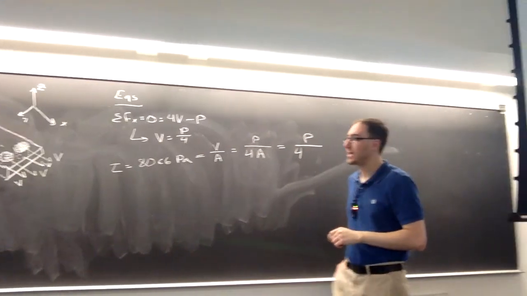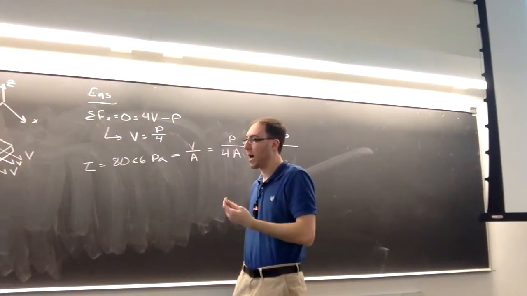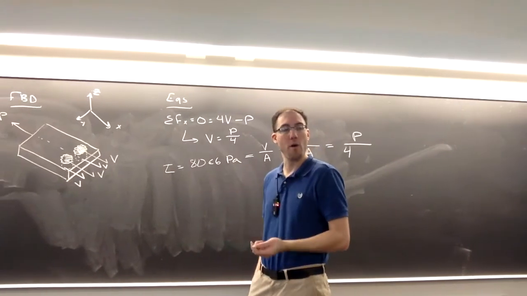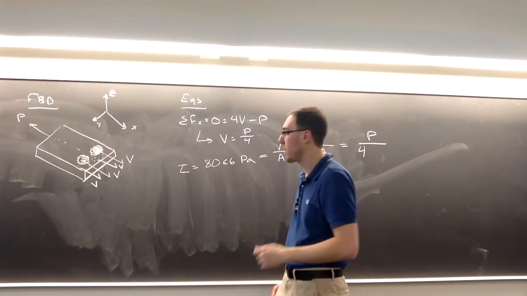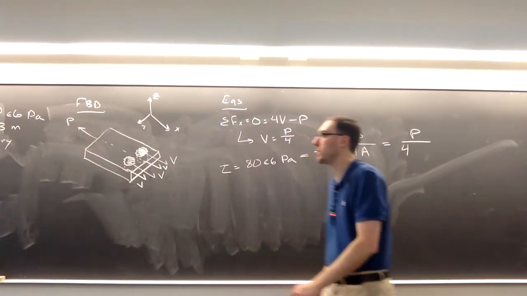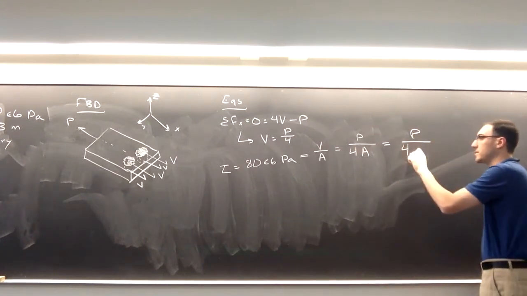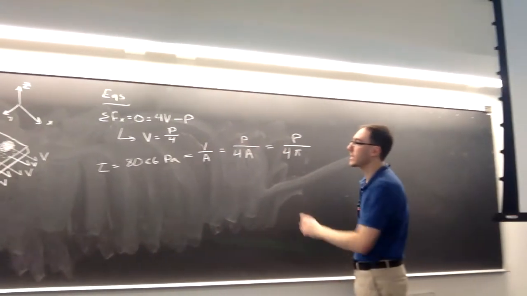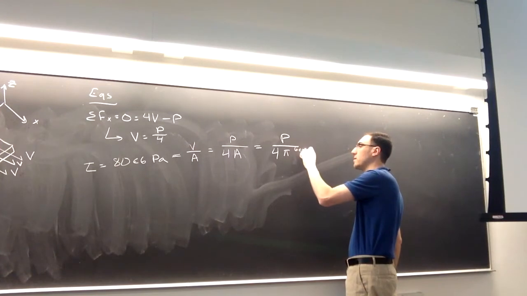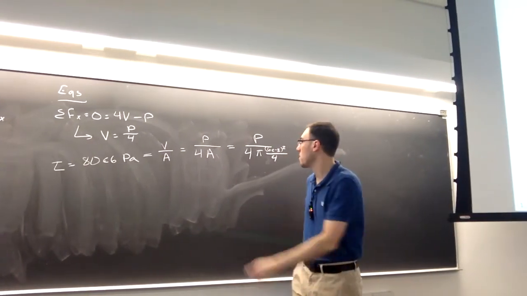So the area that it's acting on, we're going to use pi d squared over 4, or if you prefer using radii, pi r squared. But we're told the diameter here, so I'll stick with that. So the area is going to be pi times 6 times 10 to the negative 3rd squared over 4.